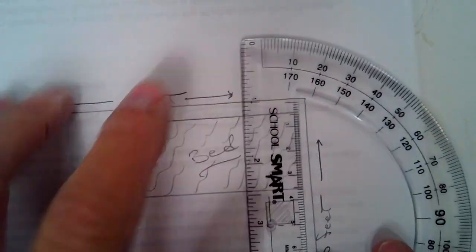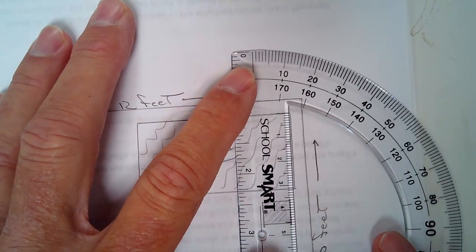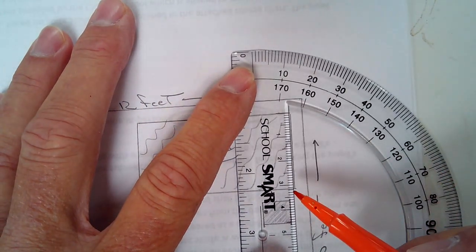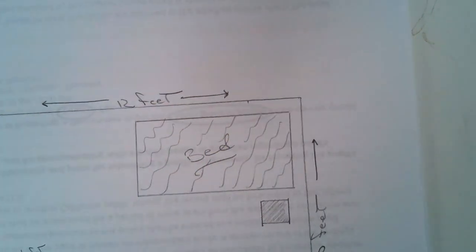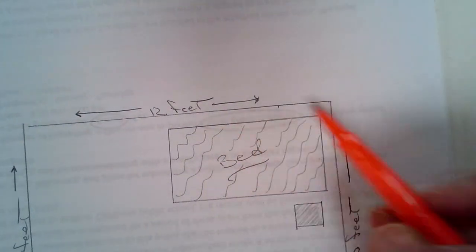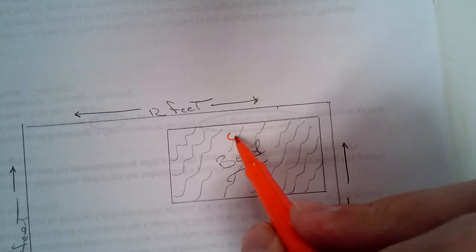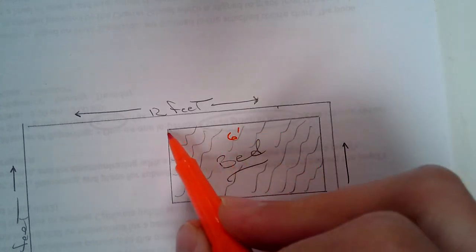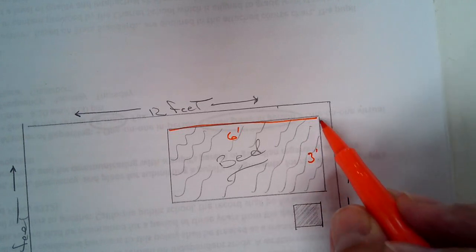How wide is the bed? It looks like it's just about 3 feet, maybe a little bit over. I want you to write that information on each one of these. So this would be 6 feet, and this is 3 feet.